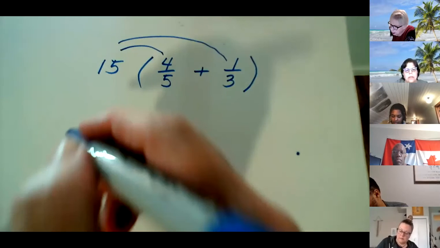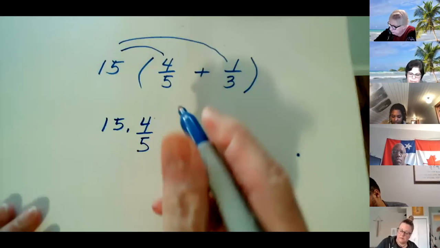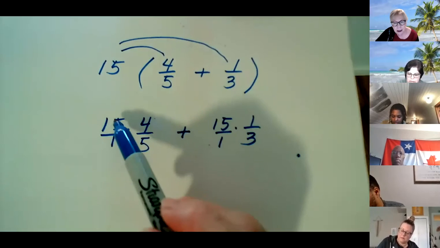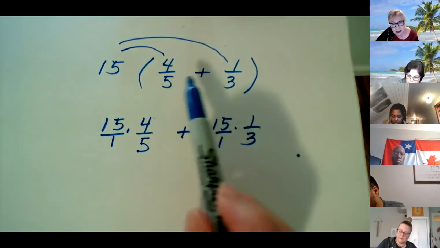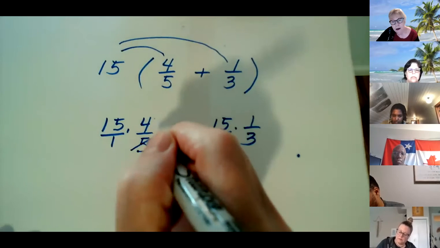If we multiplied 15 times 4/5, and then we multiplied 15 times 1/3, I'm going to put 15 over 1. Notice what happens. These cancel, which avoids the necessity of making common denominators and doing all that. 5 into 5 once, 5 into 15 3 times.